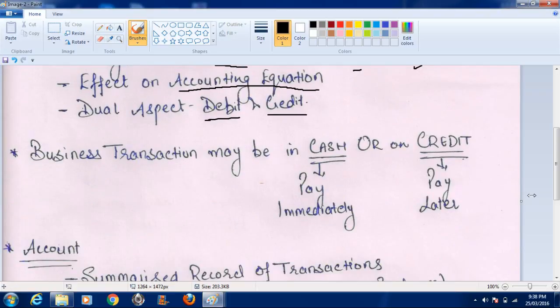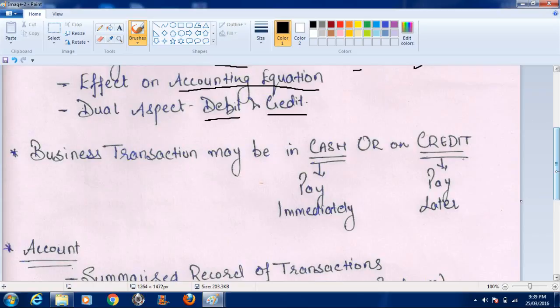Now, second thing here is that a business transaction may be in cash or on credit. What do you mean by cash? That we pay immediately. We are buying the goods, we pay on the spot. Credit transaction, we are buying the goods, we are paying later on, not on the spot. So a business transaction may be in cash or credit.